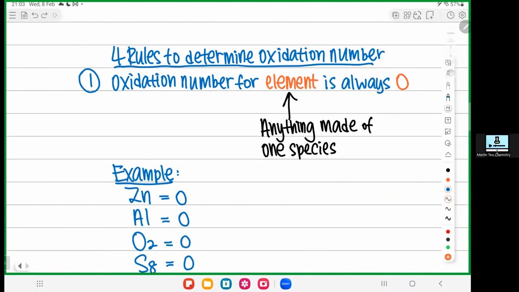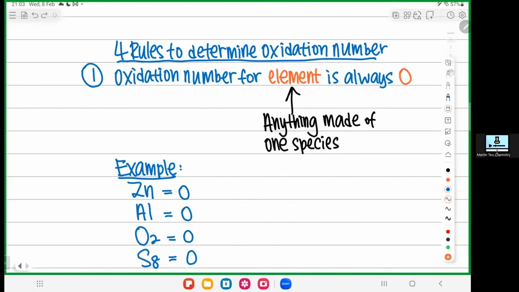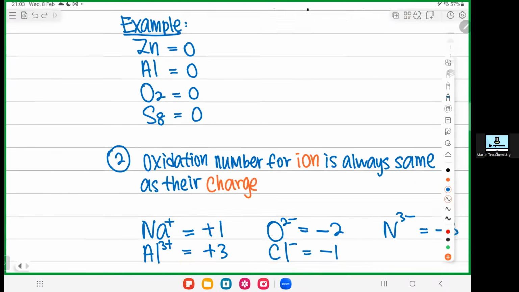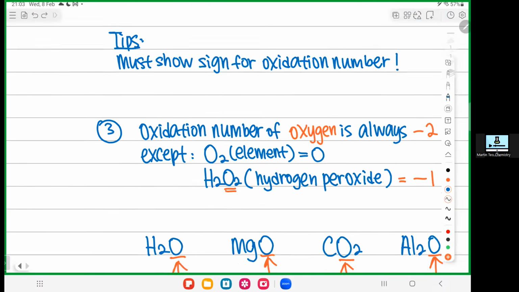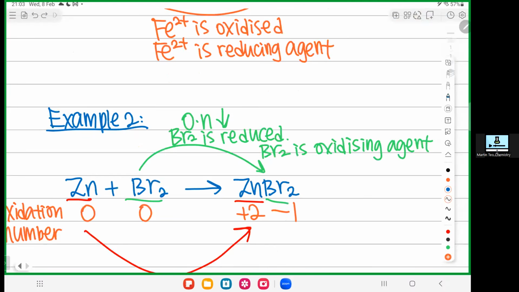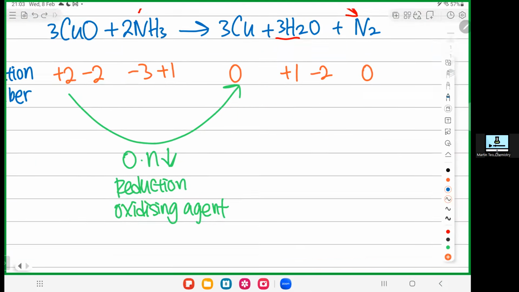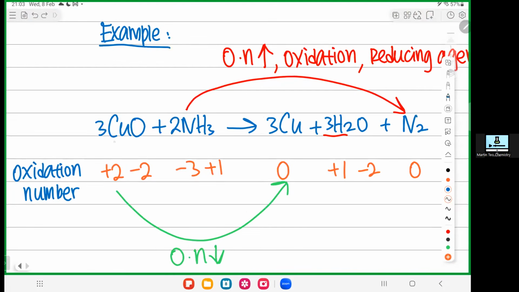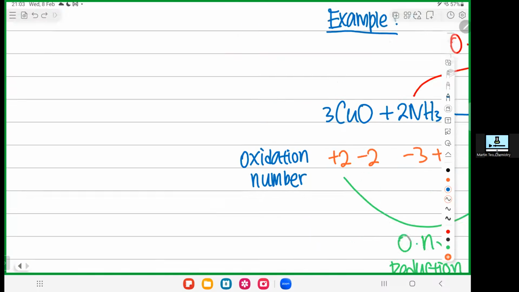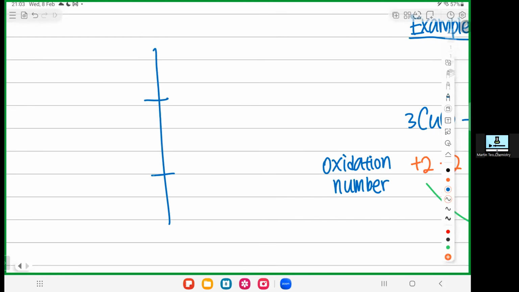Okay, so let me spend. Okay, all right, got a question. How do I know copper oxide undergoes reduction? You see here. Okay, you can see the copper oxidation number is +2. The copper here is 0. +2 to 0. The oxidation number decreases, right? Use your number line. This is +2.